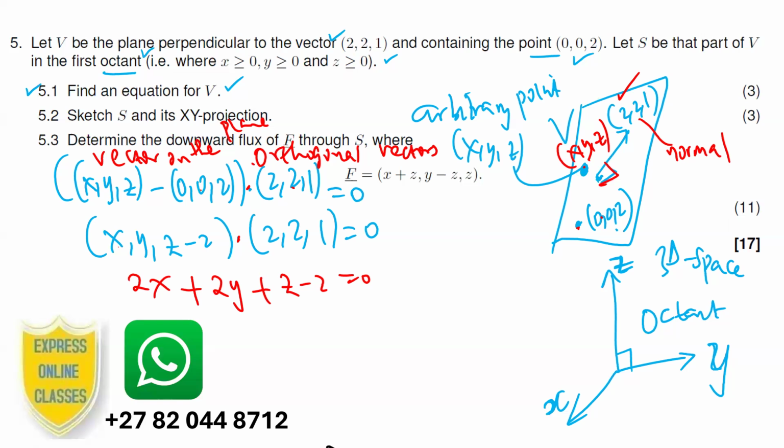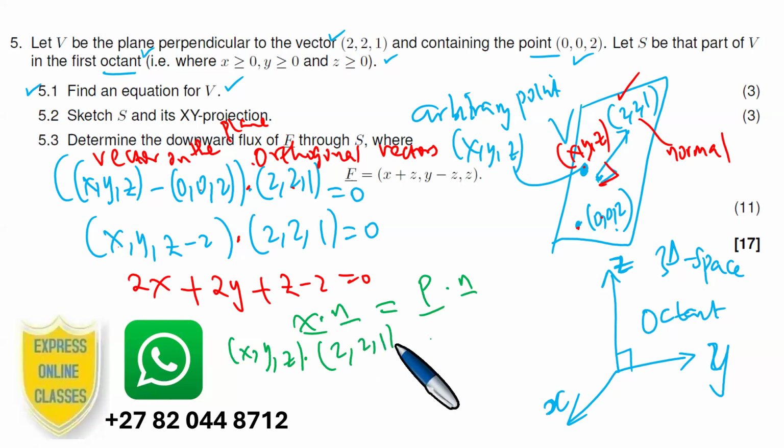But it's not the only way to find the equation of the plane. We can use our old technique: x dot n equals p dot n. Here the normal n is (2, 2, 1) and the point p is (0, 0, 2).